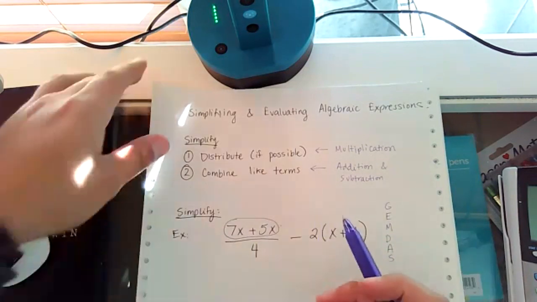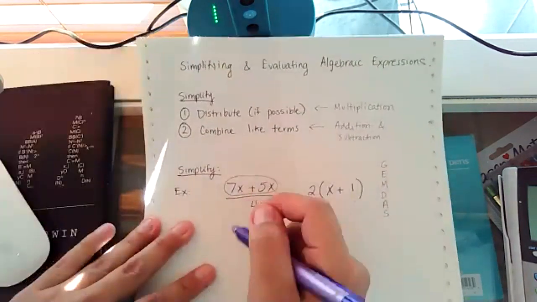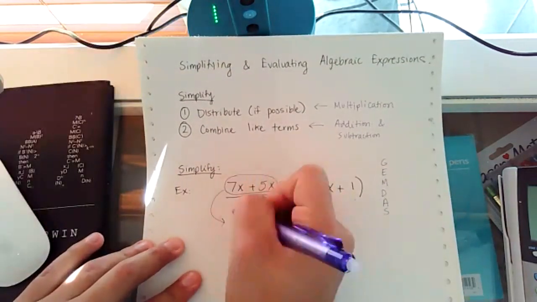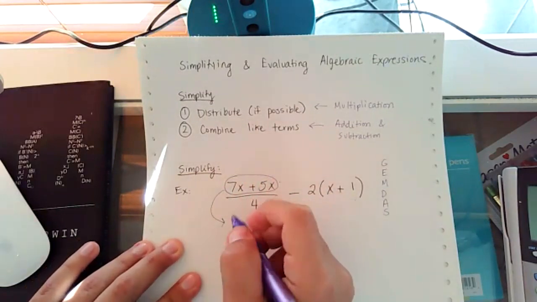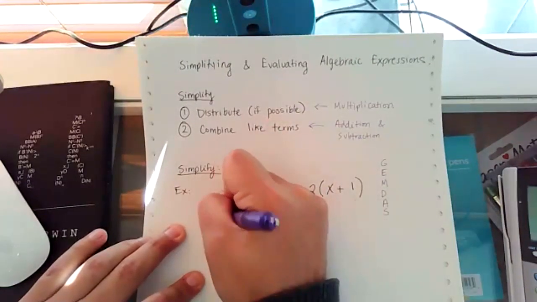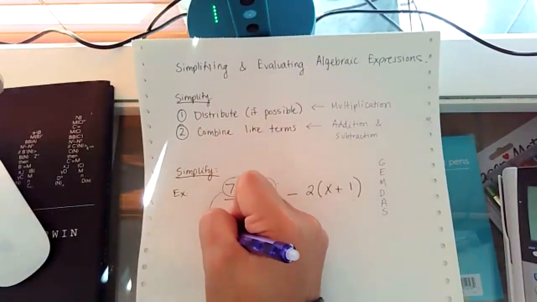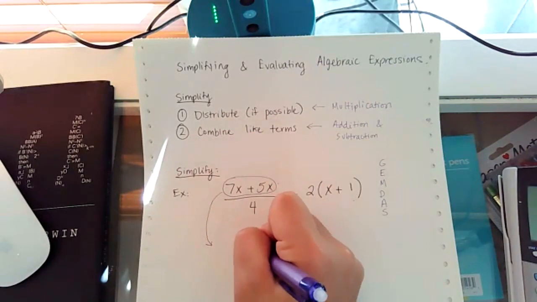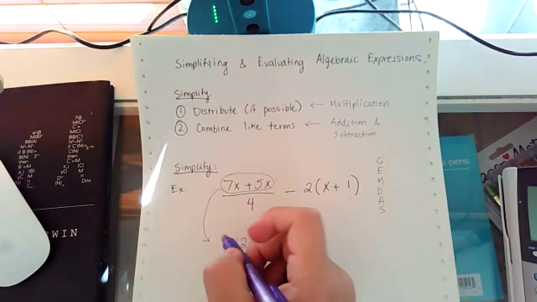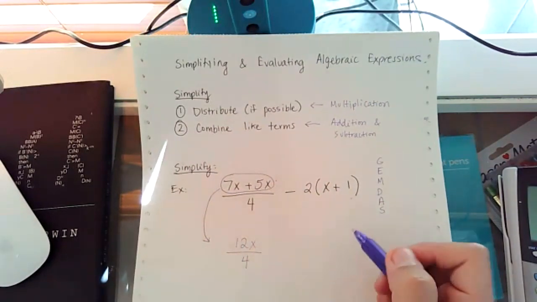We're just calling apples x for now. So I could rewrite this, and let me give myself a little bit of space so that it's not all bunched up. 7 plus 5 is going to be 12x divided by 4.